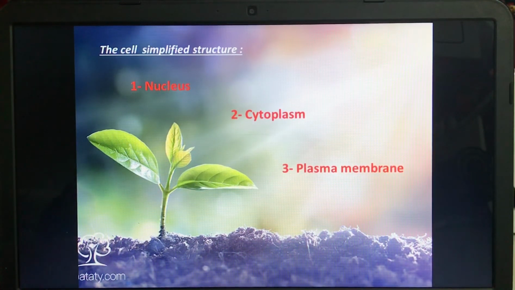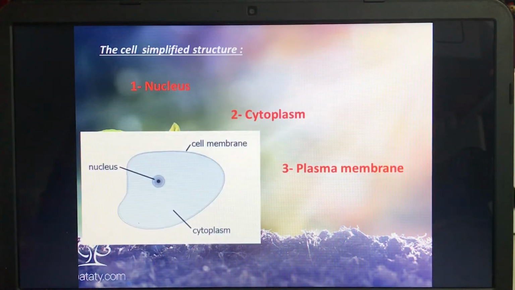Okay. So if we have here a picture for a very simple structure of cell, we will find that it consists of nucleus. This one is nucleus. It is the center of the cell. And cytoplasm, this liquid inside the cell is called cytoplasm.